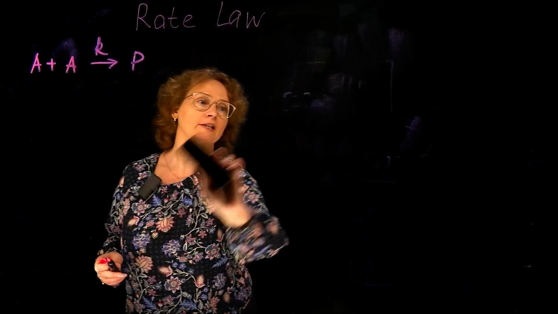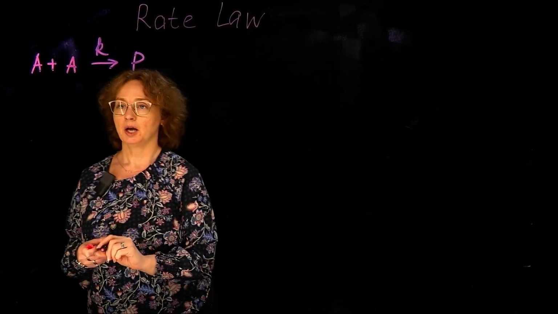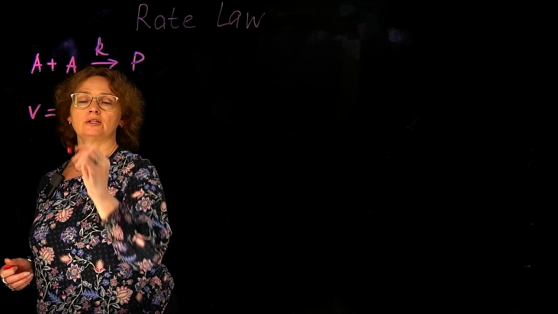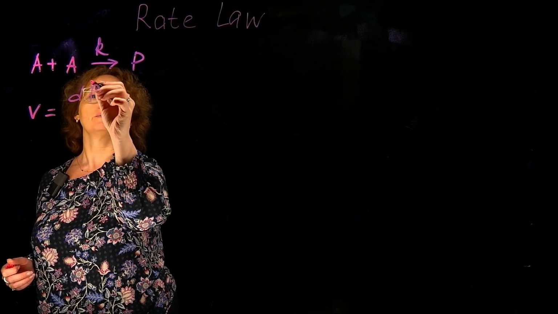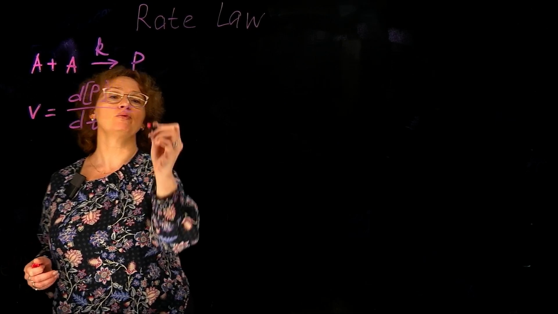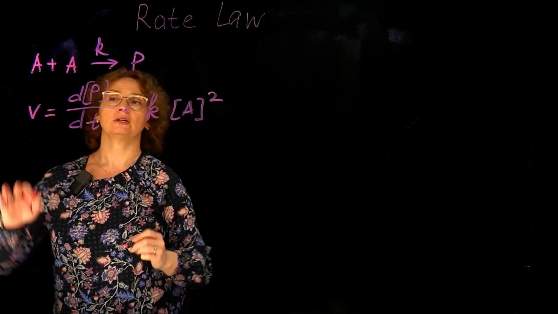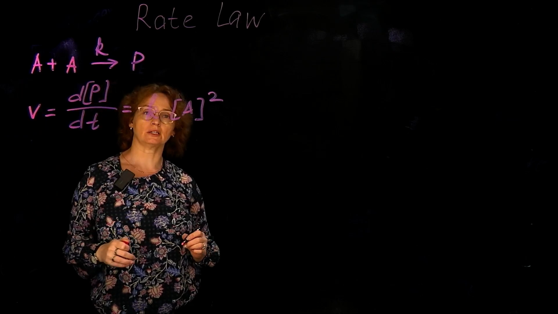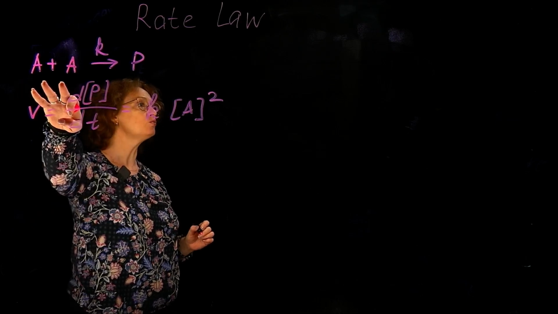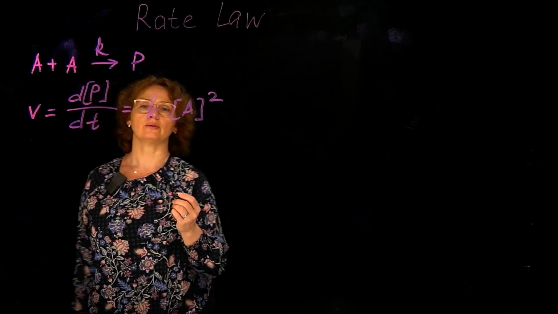That translates also to the second order rate law because velocity, which is accumulation of product over time, is proportional to the square of the reactant concentration, because two molecules of A need to react, right?